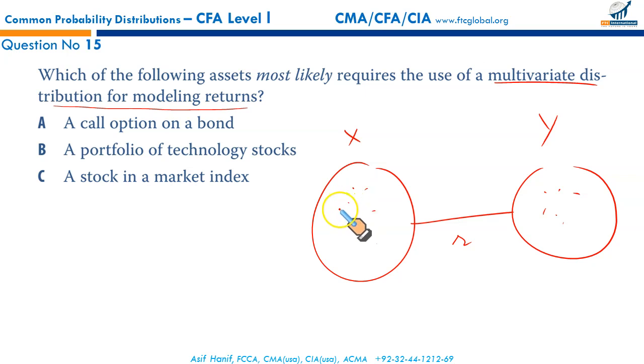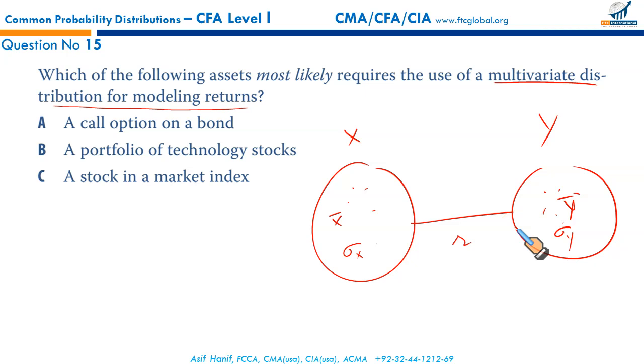Stock X has a mean and a standard deviation. Stock Y would have a mean and a standard deviation. So in this bivariate case, you need two stocks or two or more, two bonds, two or more.